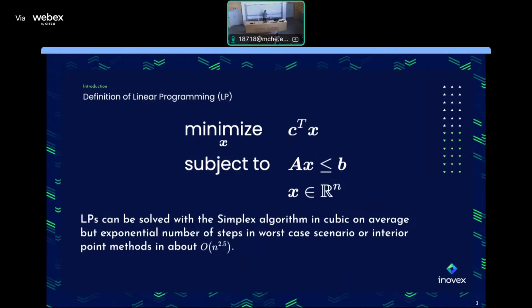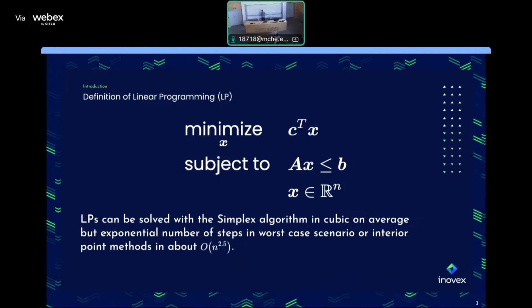And if x is from the real numbers, then this is kind of easy to solve. Maybe some of you have heard of the simplex algorithm. It solves it in cubic time, and there are other ones which are a little bit less.